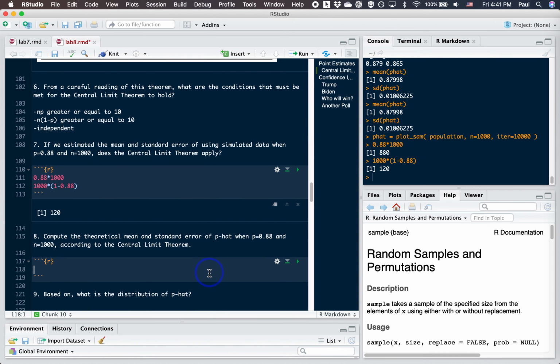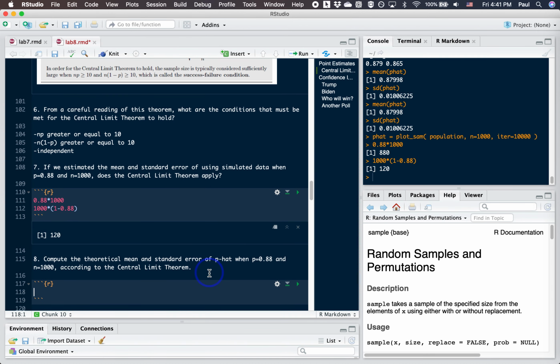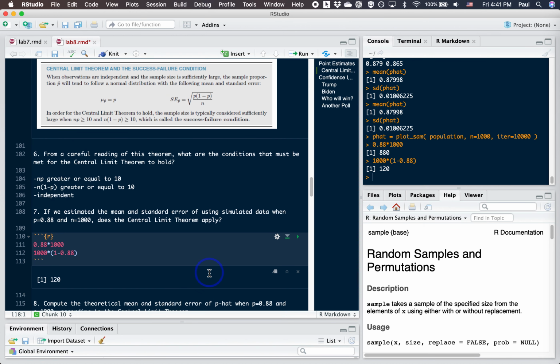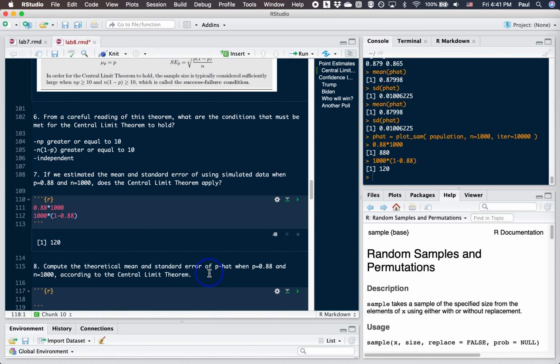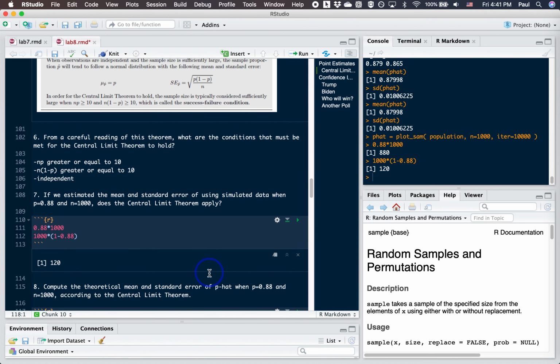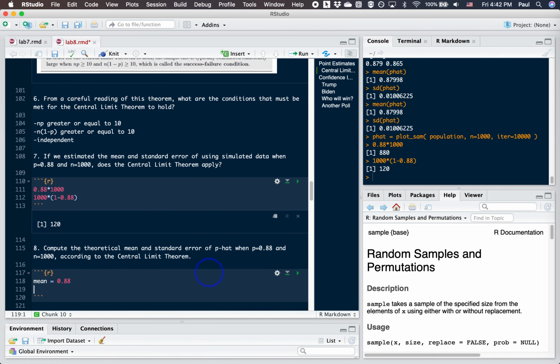Now, based off that, what is the mean and the standard error of p hat? The mean of our sample will be 0.88, and the standard error will be the square root.